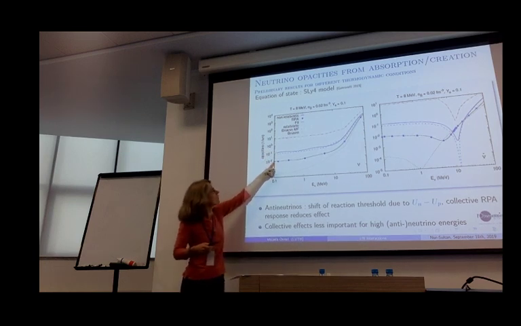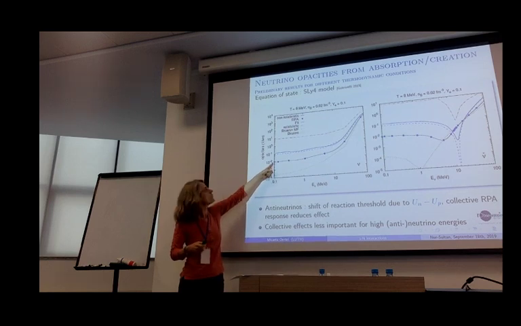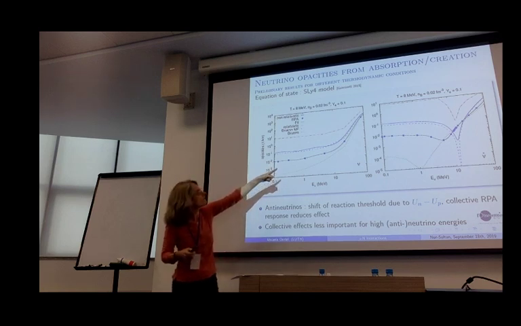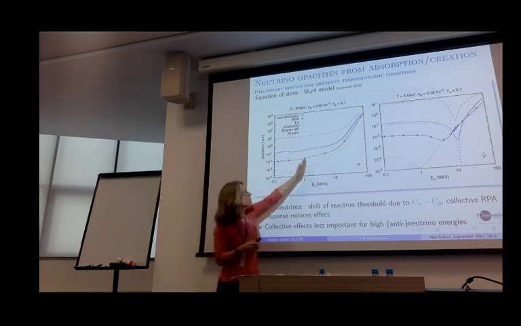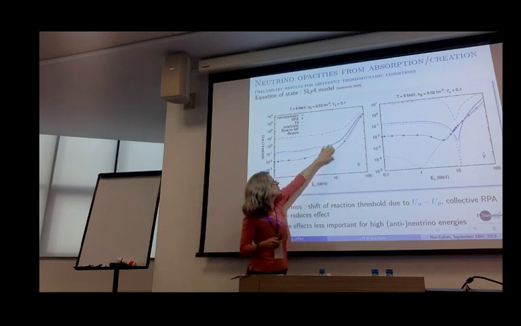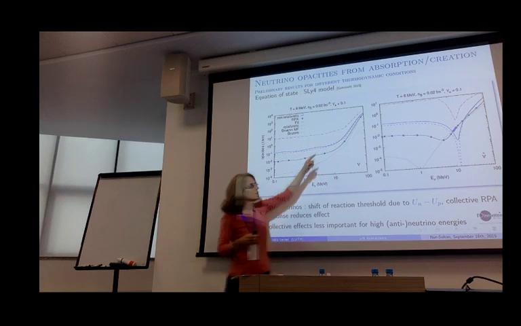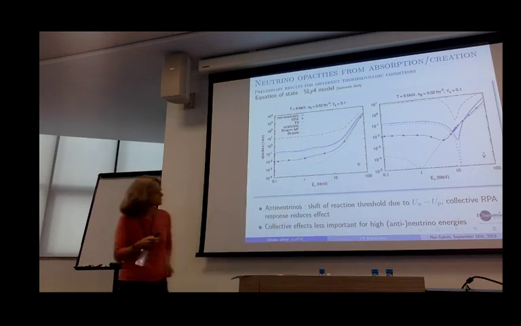It's one order of magnitude for these conditions for the neutrino opacities, and at very high energies they approach each other, but for the relevant energies, which are in this region, it's one order of magnitude suppression.